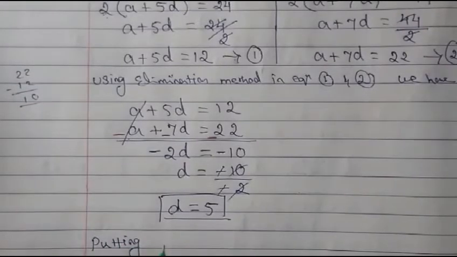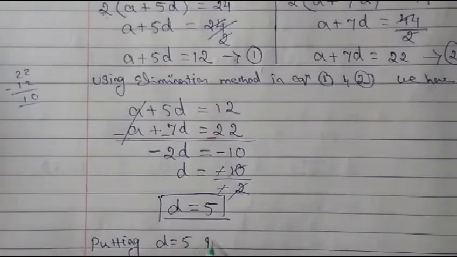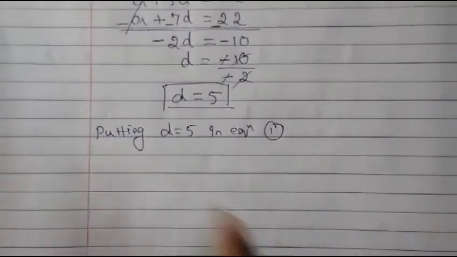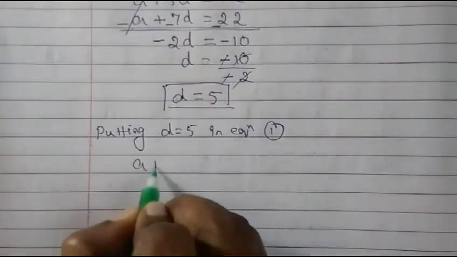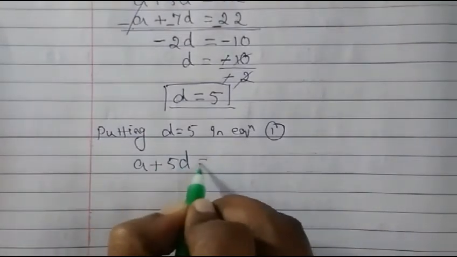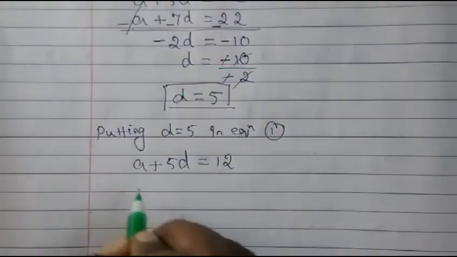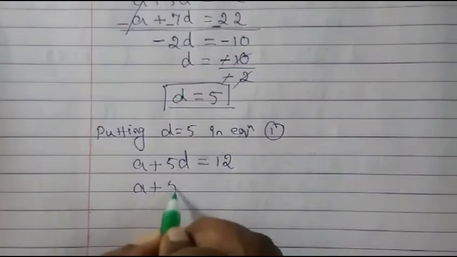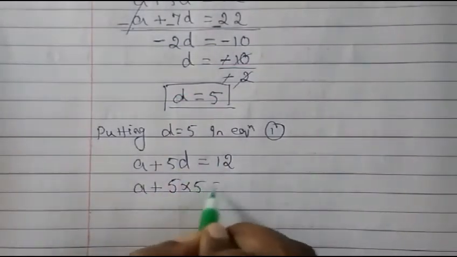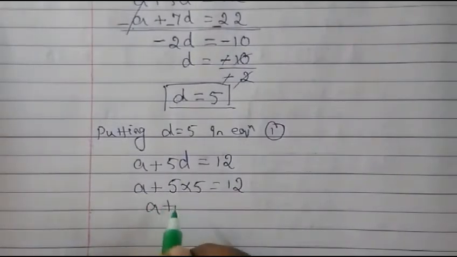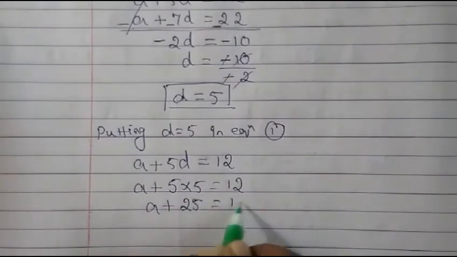So putting d equal to 5 in equation 1. So equation 1 is a plus 5d equal to 12. So a plus 5, d is what? 5. So a plus 5 5s are 25.